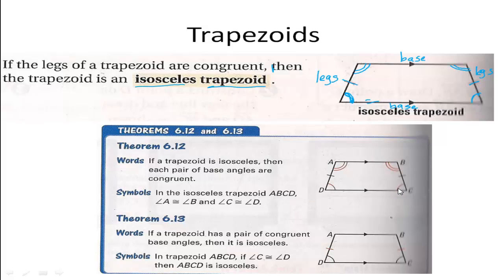If it doesn't say that it's an isosceles trapezoid, but you know that the base angles are congruent, you can conclude that it is an isosceles trapezoid. And there you go. Let's see some examples.